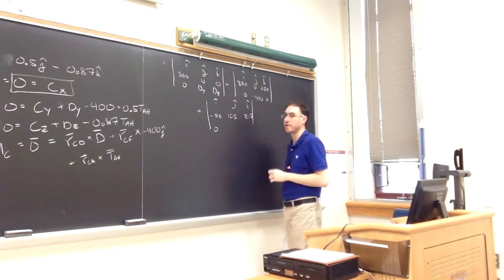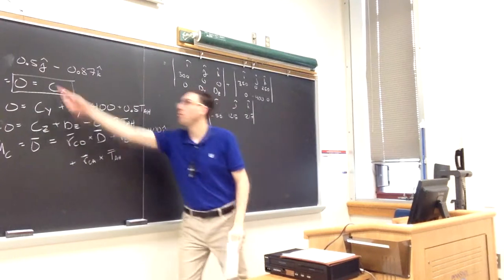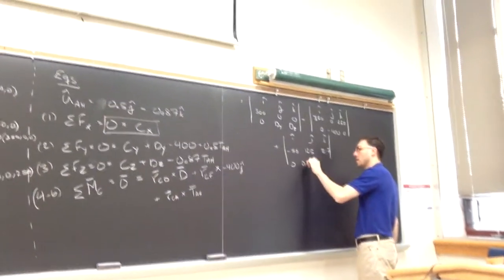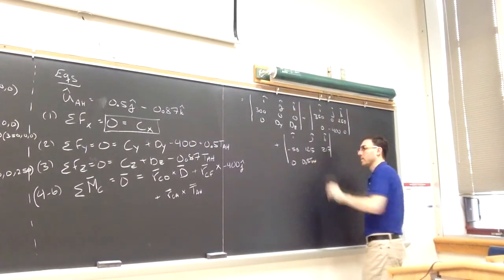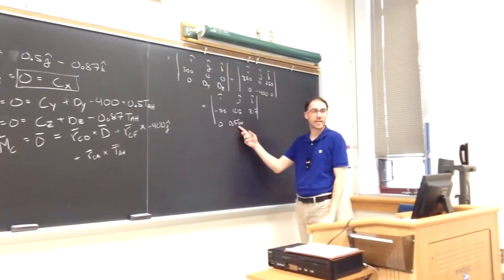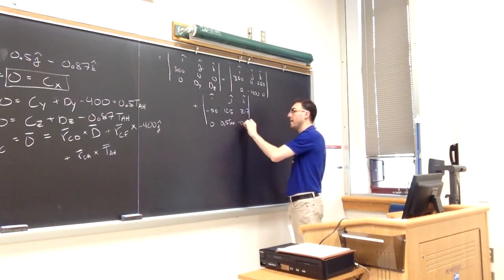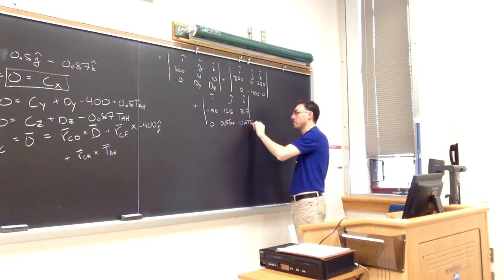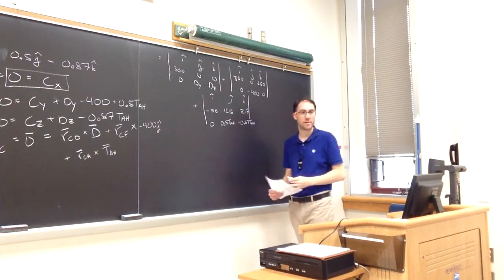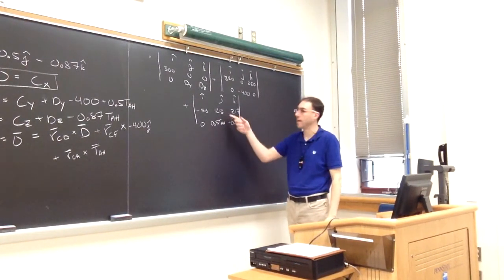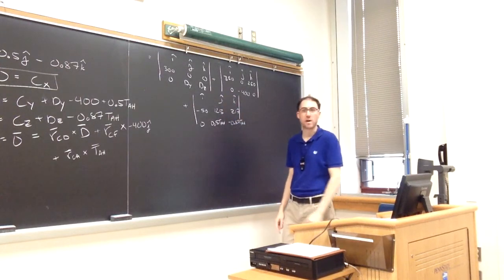So the j component of TAH is 0.5 times its magnitude. So 0.5 TAH is the j component for that force. And then negative 0.87 TAH will be the k component for my tension. So there will be that unknown that comes out when I go through my cross products.